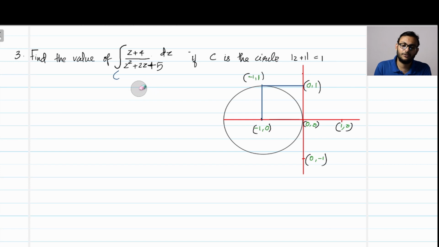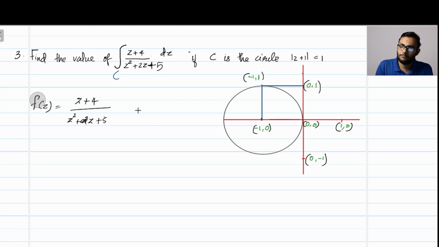In order to check for this condition, we first have to find the poles, or the not defined points, of this function. So let us find the function f of z. f of z is given by z plus 4 divided by z square plus 2z plus 5.